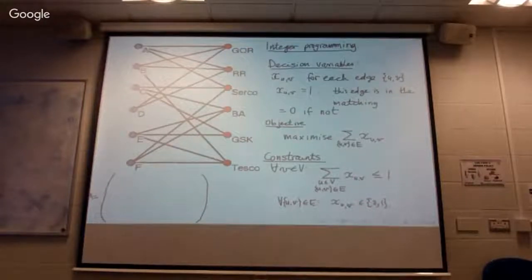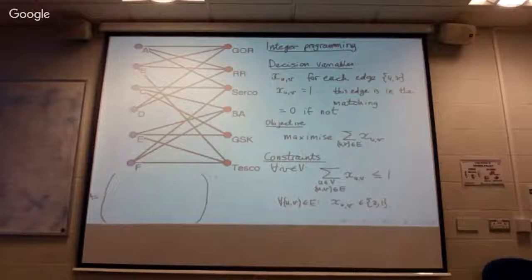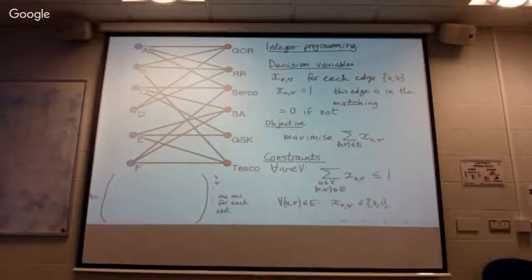Each of these rows is a vertex U, vertex V, and so on. One row for each vertex. A vertex is a node. It's the same thing.